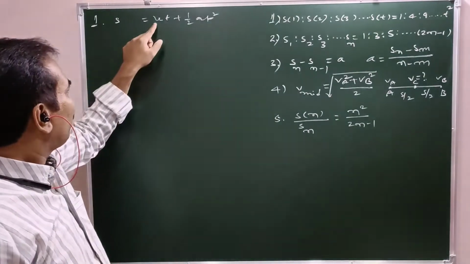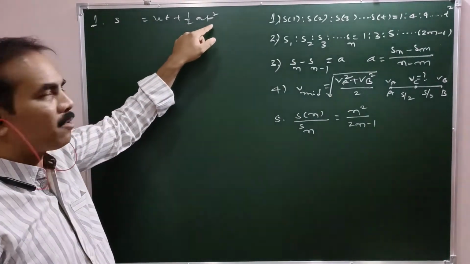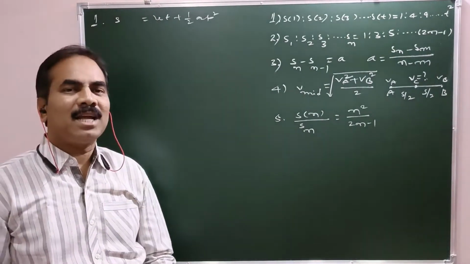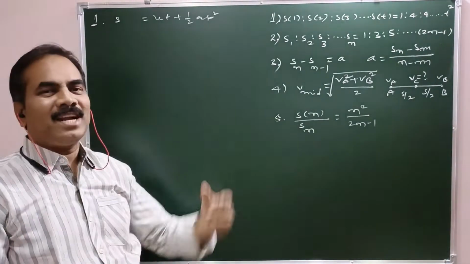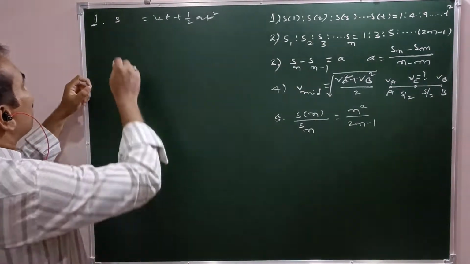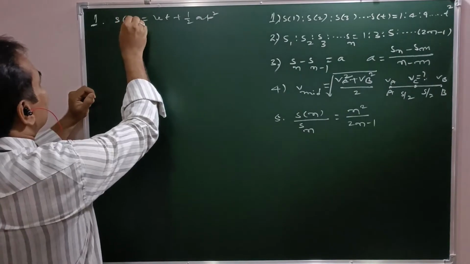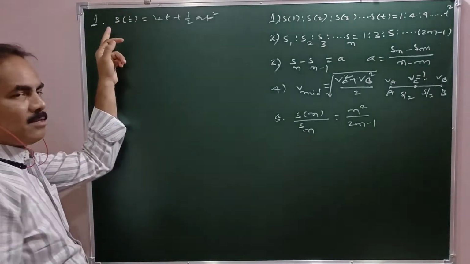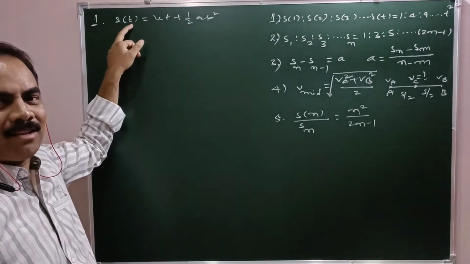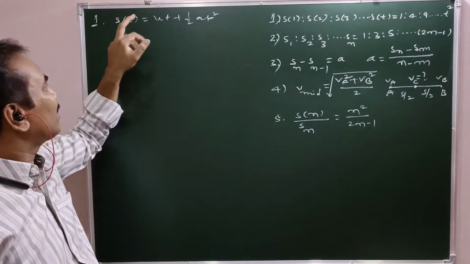Where u is the initial velocity, t is the total time of journey, s is the distance or displacement covered, and a is constant acceleration. Here s means S of t, the distance or displacement covered in total t seconds, not the tth second.